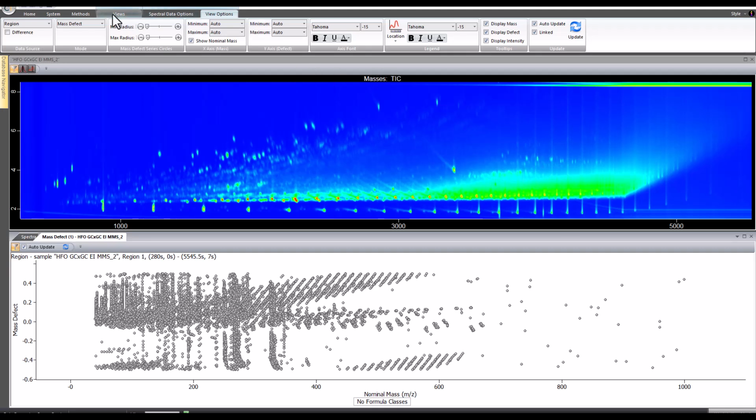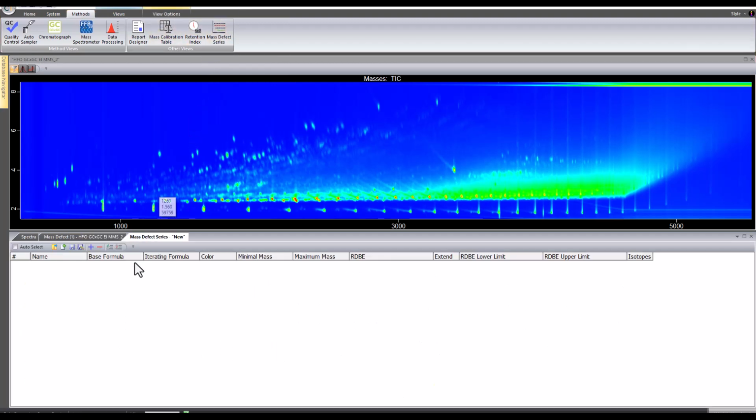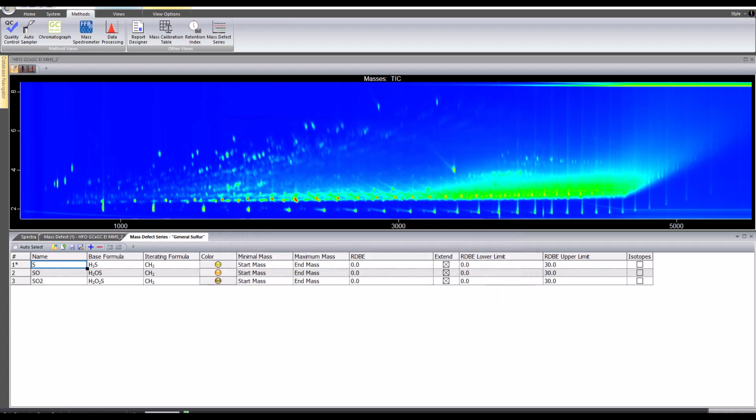With spectral analysis tools, we can write mass defect series to search for masses that follow a specific pattern. In this general sulfur series, mass formula that contain a single sulfur atom, a sulfur oxide group, or a sulfur dioxide group will be highlighted on the mass defect plot in various shades of yellow, with formula that iterate by a CH2 group, extended for all RDBE values.